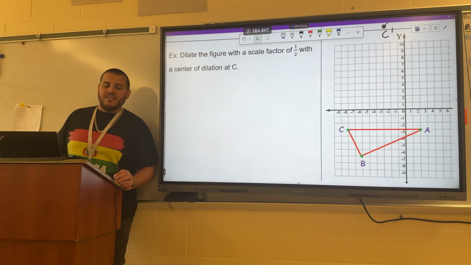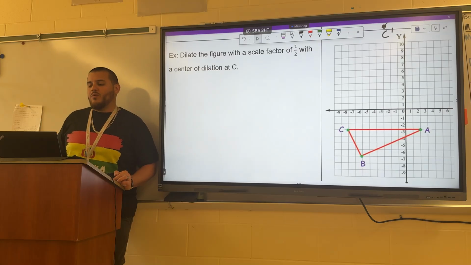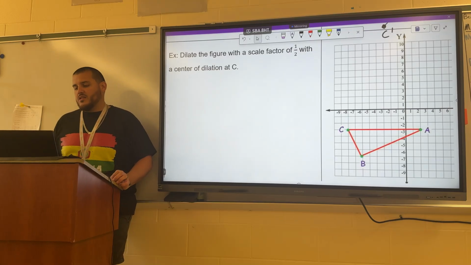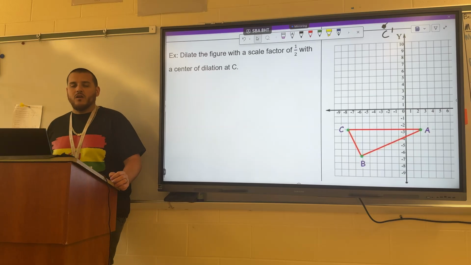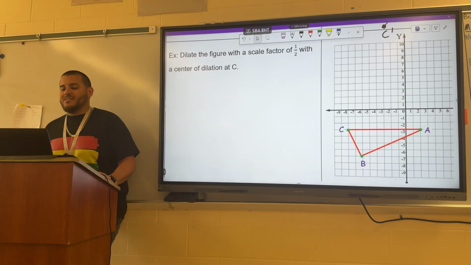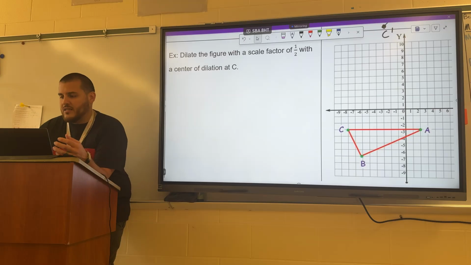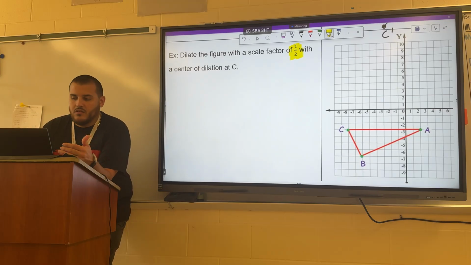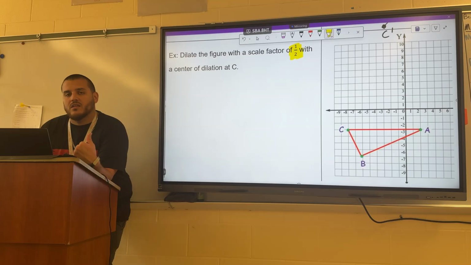We're performing another dilation here while our center is at point C, not the origin. So we're considering how far away our points are from C as we dilate this with a scale factor of 1/2. So this is going to be a reduction. My scale factor is less than 1. My figure is going to get smaller. We can also think of this as all of our points are going to move half the distance back to that center of dilation.